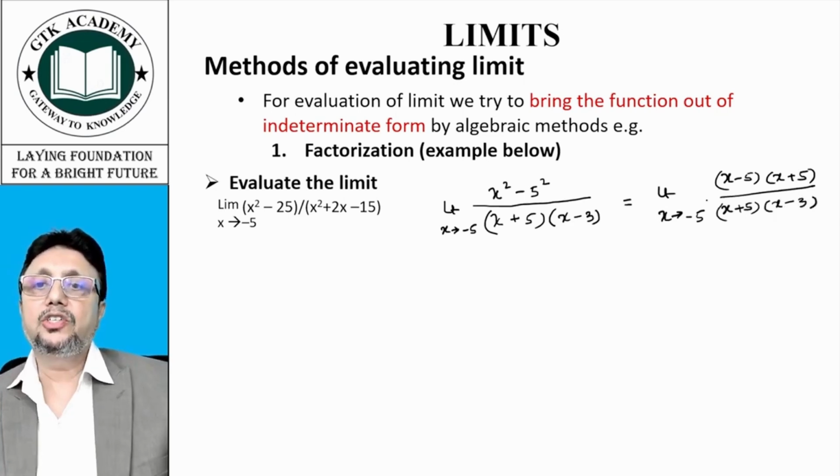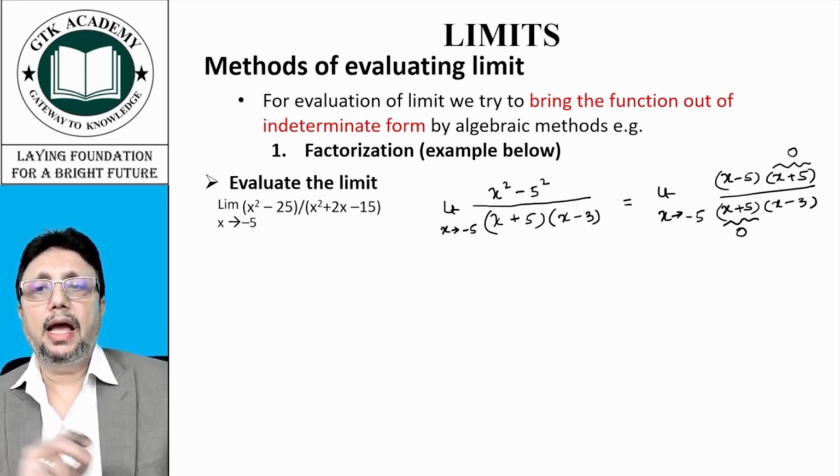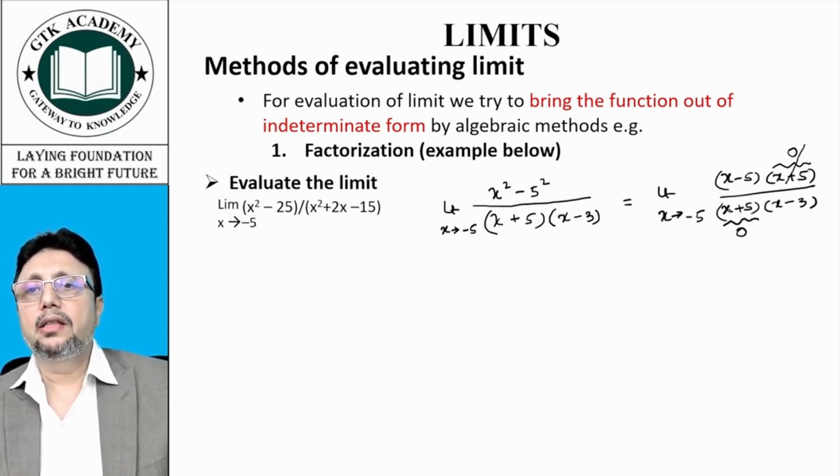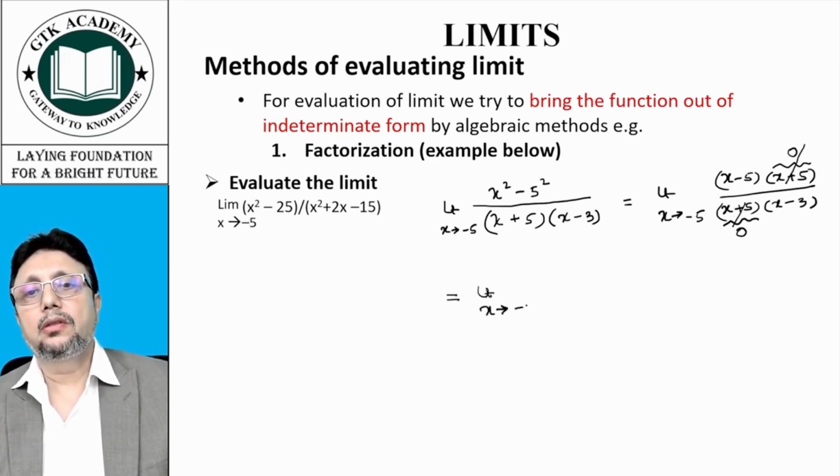Now just wait here and see. When you put the value of x as minus 5, this becomes 0 and this becomes 0. So these were the factors which were responsible for making the indeterminate form at x is equal to minus 5. Here they cancel out. So now you are left with x minus 5 and x minus 3.